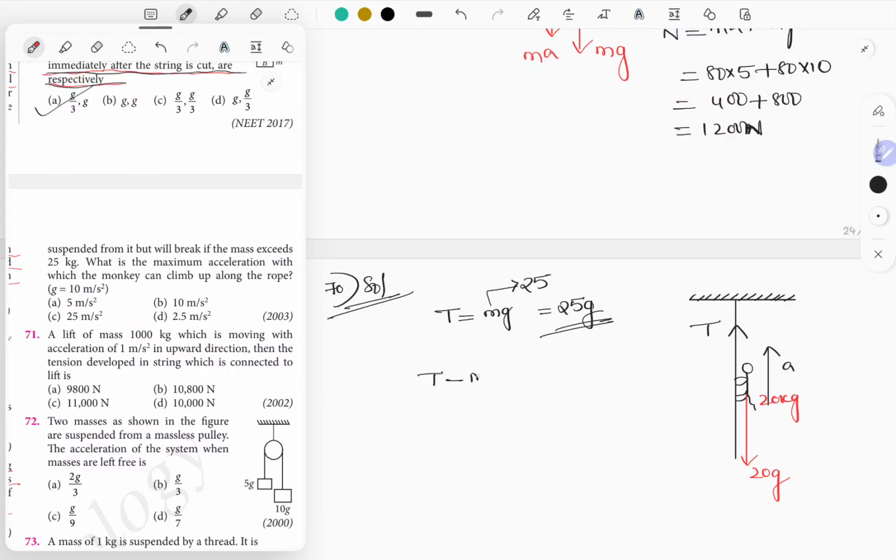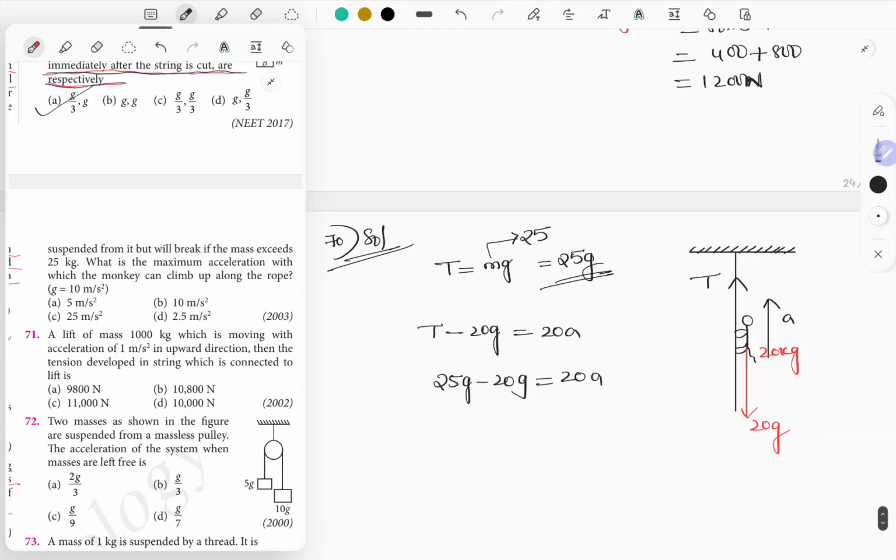Then tension minus the weight of the monkey, that is mg, which is 20 into g, is equal to the mass of the monkey into acceleration. Tension is 25 into g minus 20 into g, which is equal to 20a. Then it is going to be 5g is equal to 20 into a. Then a is equal to g by 4, g is 10 by 4, which is equal to 2.5 meters per second square.